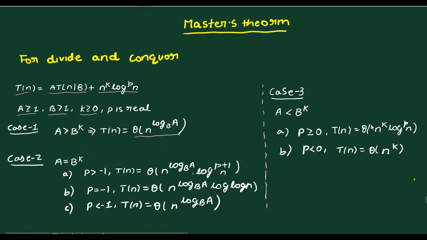Case 2b, if p equals minus 1, then T of n becomes theta of n power log a base b into log log n. Similarly, when p is less than minus 1, T of n becomes theta of n raised to the power log a base b. Case 3, if a is less than b power k and your p is greater than or equal to 0, T of n becomes theta of n power k log p of n, and if p is less than 0, it simply becomes n power k.